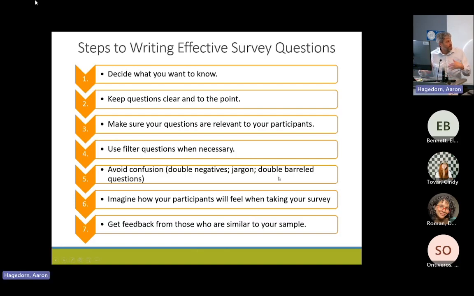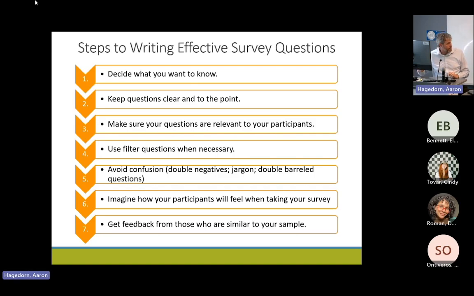So when we're writing effective questions, you'll need to know the topic you're studying and decide what it is you want to know, so that you can ask the questions in the right way. You want to keep the questions clear and to the point, without any lack of clarity, which you'll see in a moment in some examples. You want to make sure that the questions you're asking are relevant to the participants.